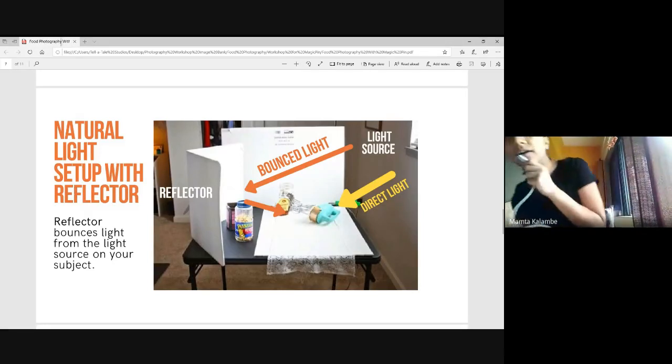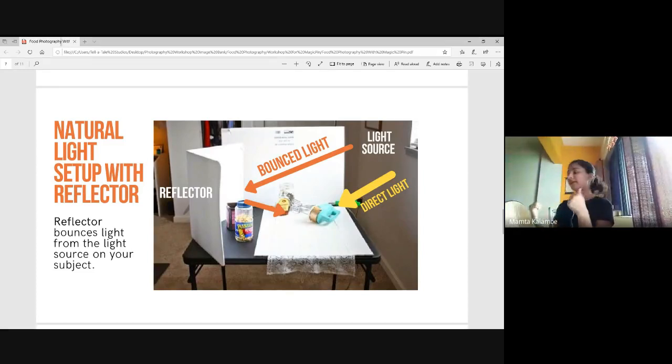So this big reflector that you just saw works really great even when you have the least amount of light, especially when you are shooting during the rainy season. One thing to get really good light is to always shoot just next to your window.